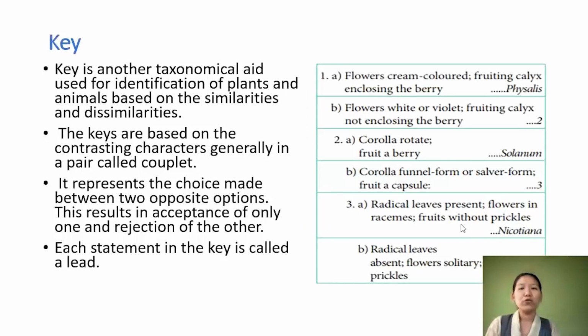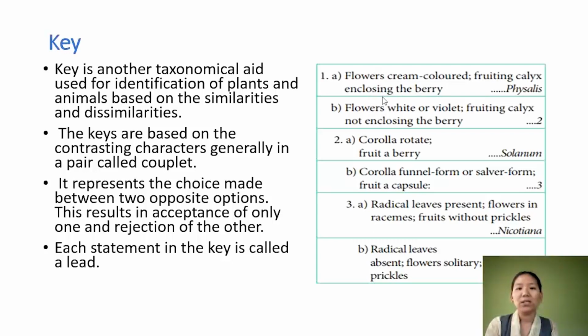Next, key. A key is used for identification of plants and animals based on similarities and dissimilarities. It is based on contrasting characters, generally occurring in pairs. For example, here, under number 1, we have 1A and 1B. These are the pair, and each statement, for example flower cream colored, or fruit with calyx enclosing the berry, is called a lead.